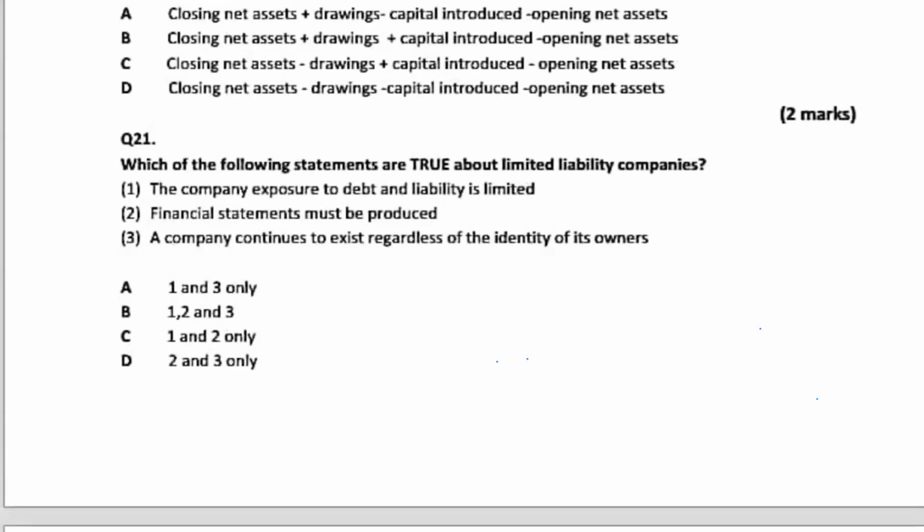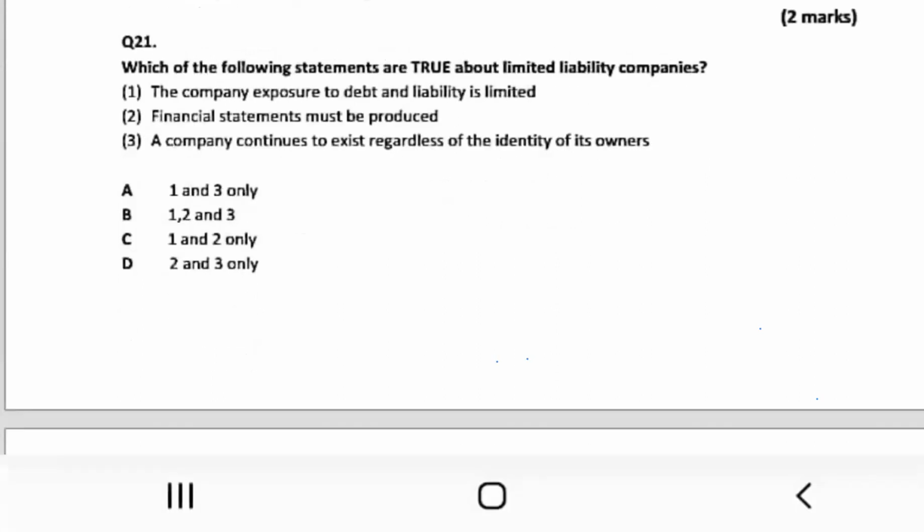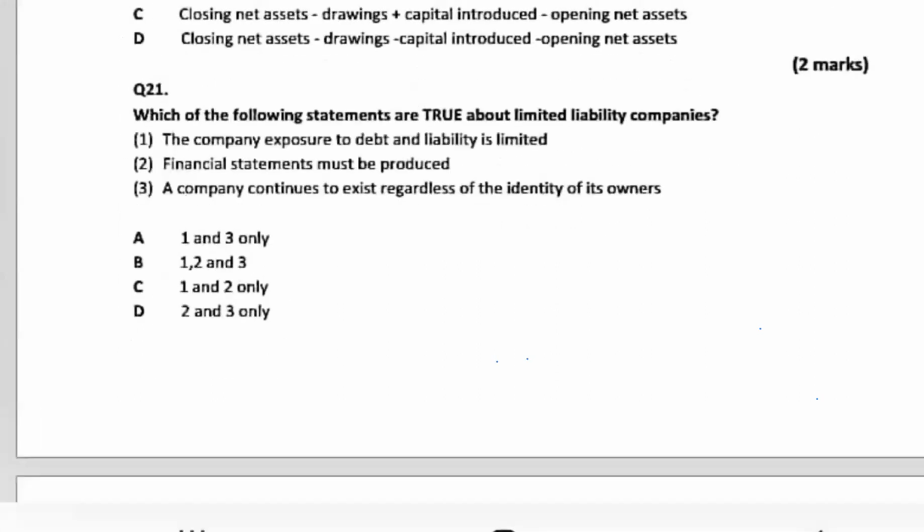Is that true? It is not true, obviously. The exposure to debt and liability is not limited. So the answer is 2 and what? And 3 only. Clear? Or maybe there is someone who has a different view. Madam Simanza, what's your question?